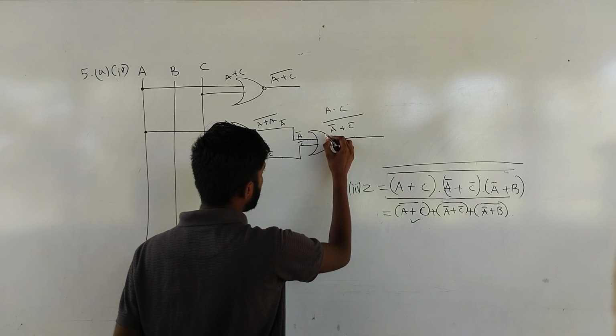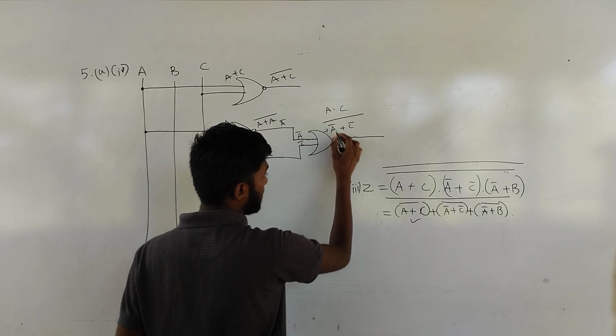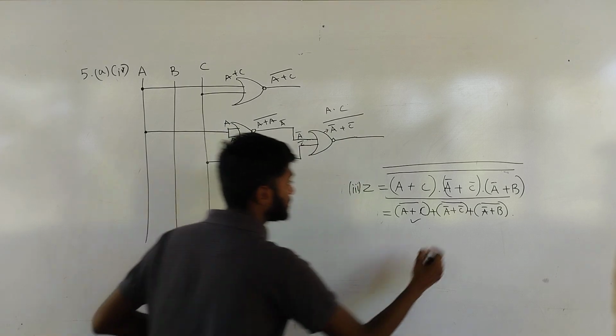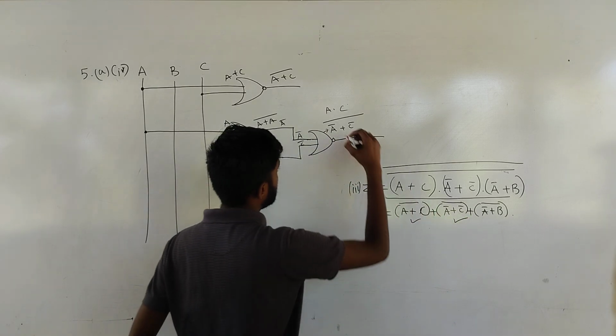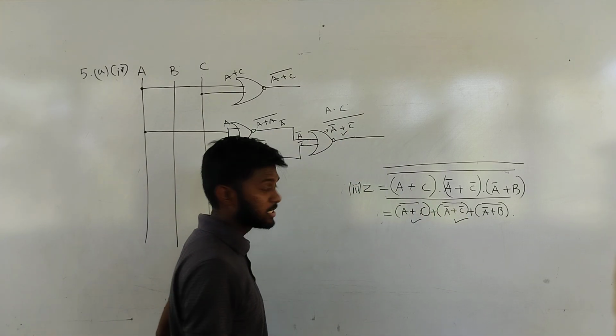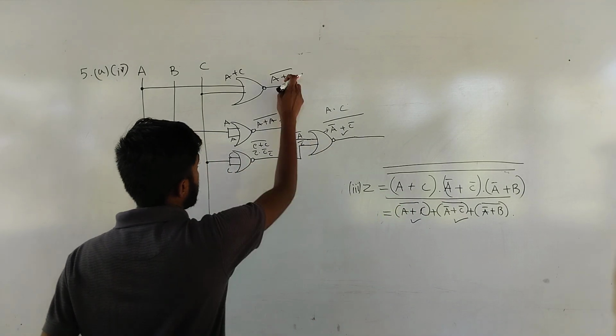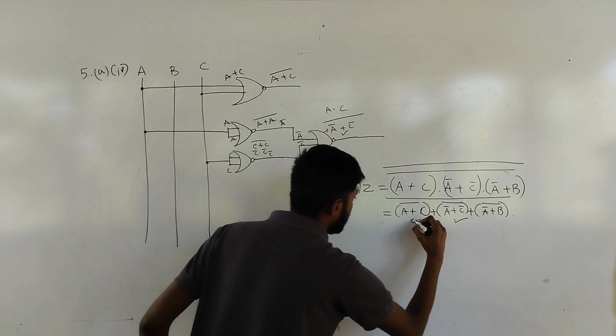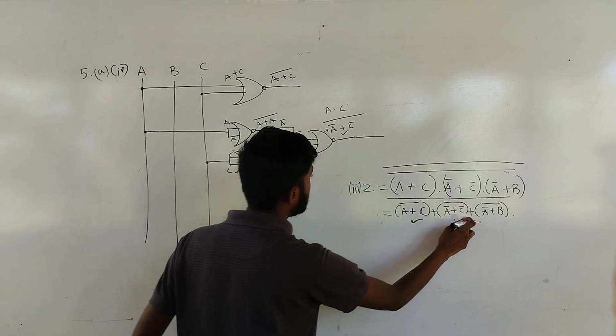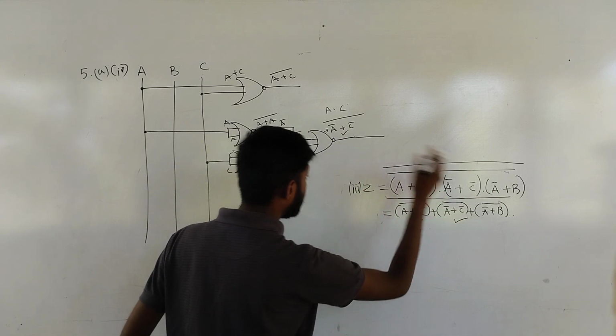Look here, here also for the output we are getting A bar plus C bar whole thing bar. So see, we have drawn this as well. See how logical it is. So if you follow this way, it is very easy for you. We got A bar, A plus C whole thing bar, and we have got here A bar plus C bar, then another whole thing bar.